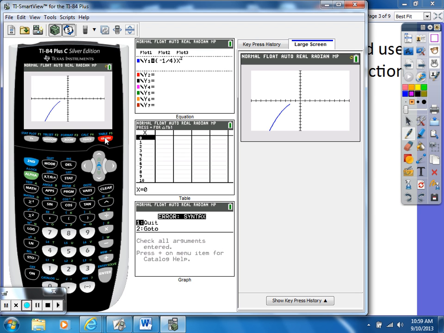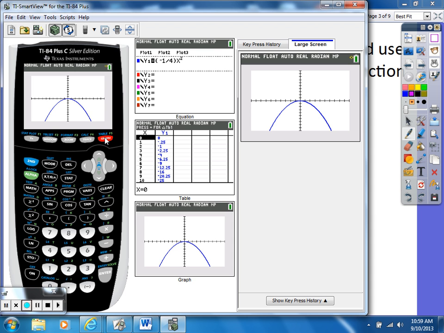So my lovely graph looks like this. Kind of a fat U shape going down. Anytime you have fractions, be careful with that though, because sometimes it doesn't work that way. So I try to get you in that habit of using those parentheses now so you don't have that mistake.